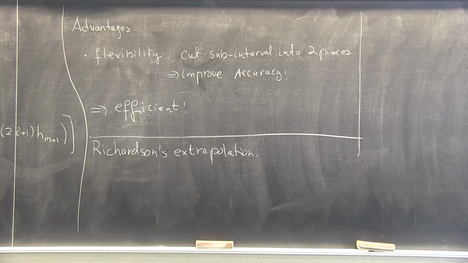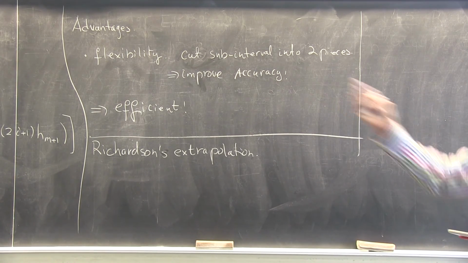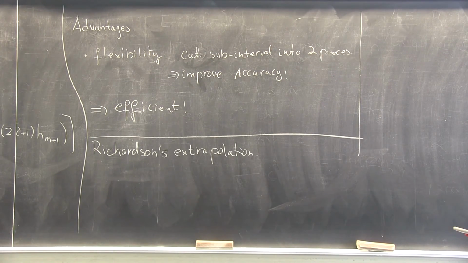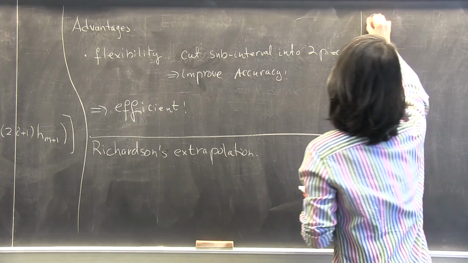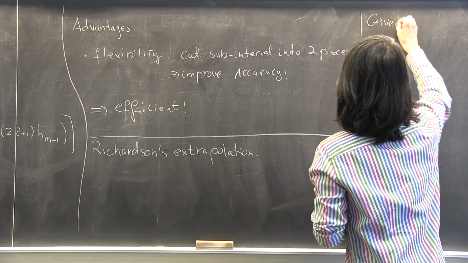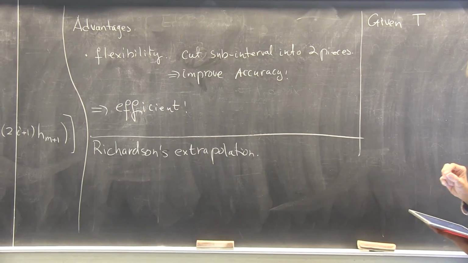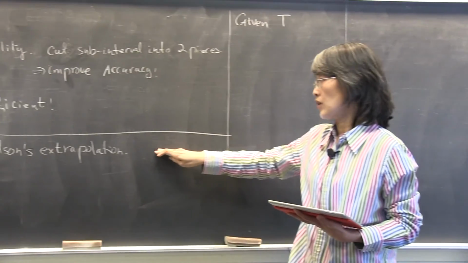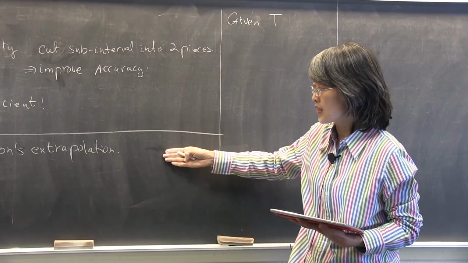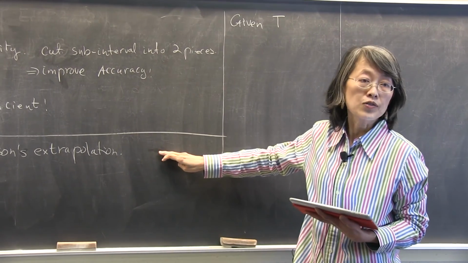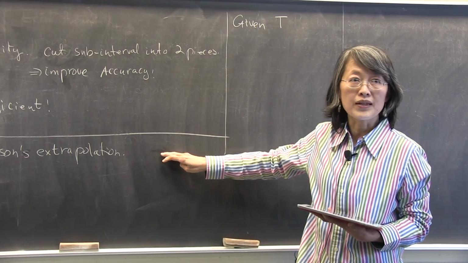Okay, so let's see. The starting point is that I have a bunch of these. So let's say, given the trapezoid rule. This extrapolation, again, is not related to the trapezoid rule. I present it with the trapezoid rule, and you see that it can be applied in many situations.